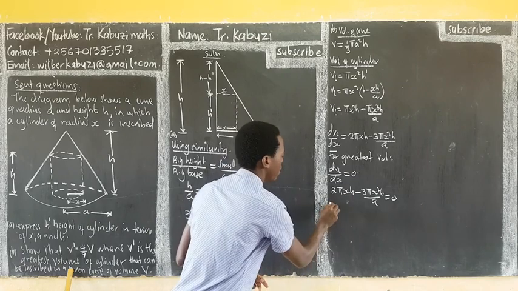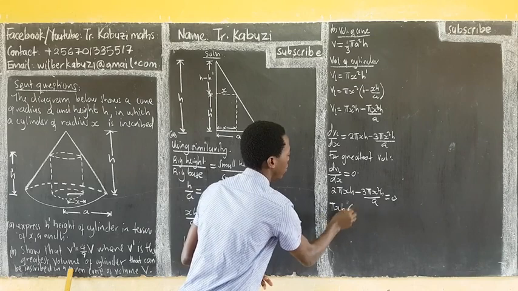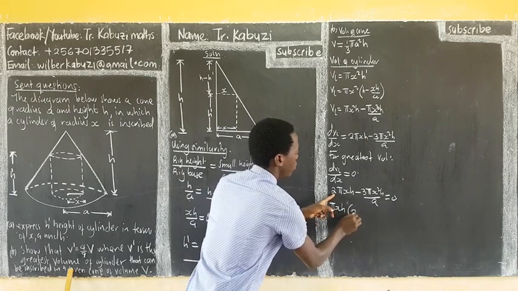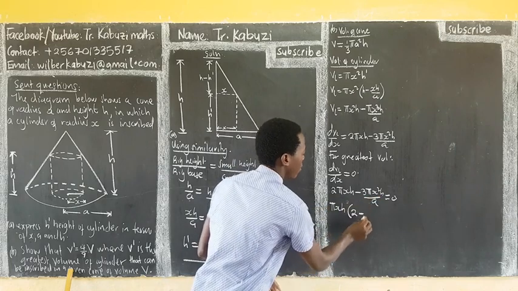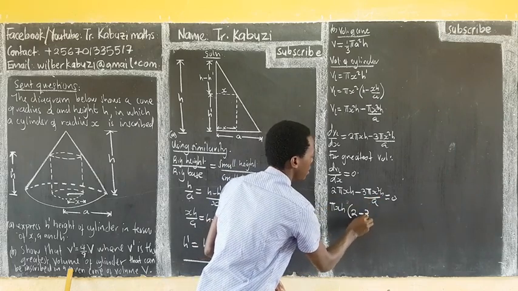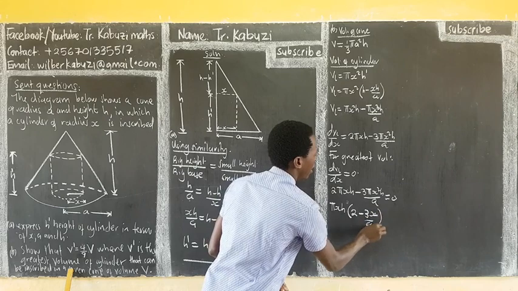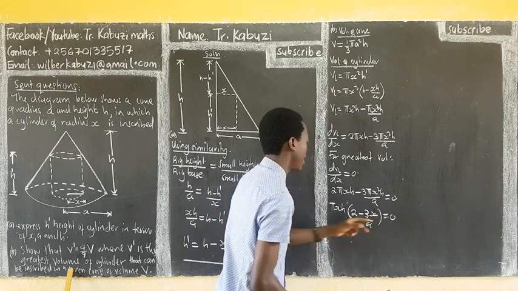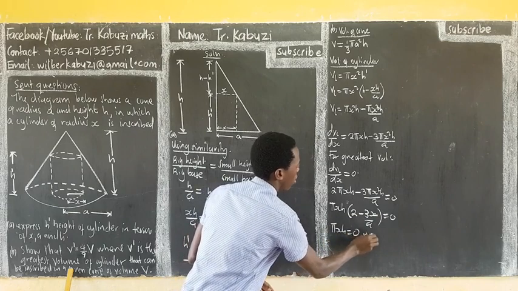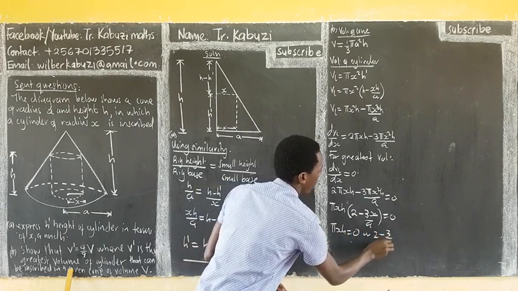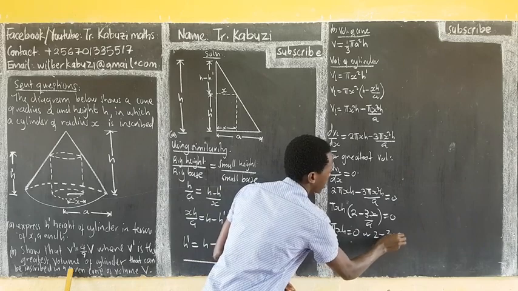So when I factorize pi xh, I have 2 minus 3x over a equaling to 0. So either this pi xh is 0 or 2 minus 3x over a is 0.